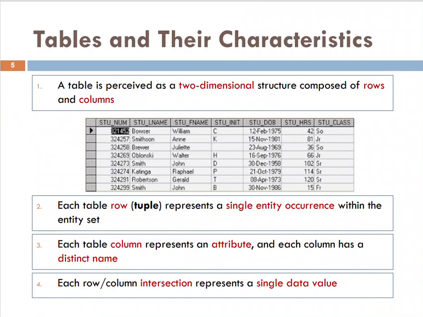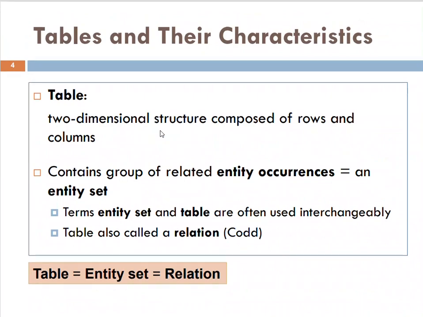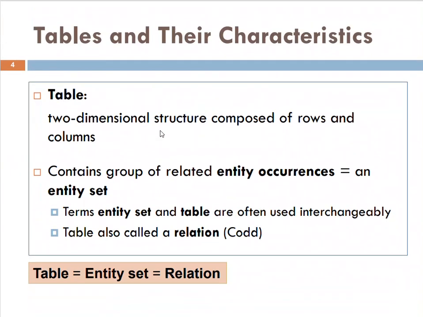Okay, this is one example of a table. A table is perceived as a two-dimensional structure composed of rows and columns. Okay, contohnya satu table ni, as mentioned here. Contains group of related entity occurrences.